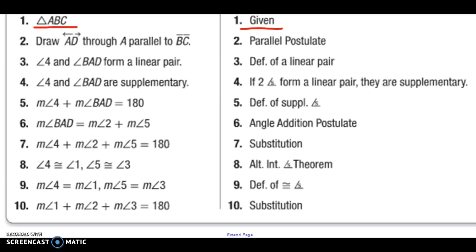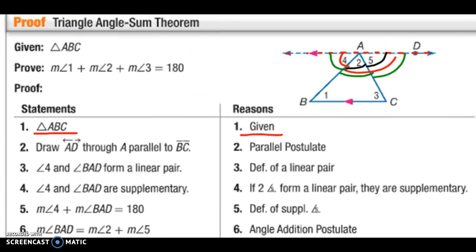Now, you'll see that angle 4 and angle 1 are congruent. Remember, their special name is alternating interior angles. Also, you'll see that angle 5 is congruent to angle 3. Again, alternating interior angles.